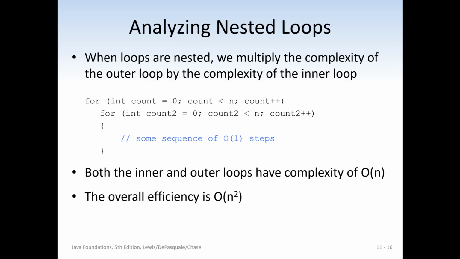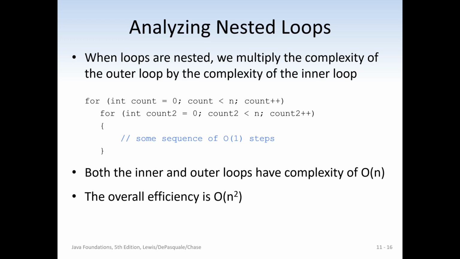For the outer loop, the first pass would iterate 1 time, the second 2 times, the next 3 times, 4 times. On average, it would iterate n over 2 times, right? So that would be n over 2 times k, which is the big O of 1. So it'd be k times n over 2, which is really just k times n, right? And then the outer loop would still execute n times. So it would be k times n, which is just n squared, right?